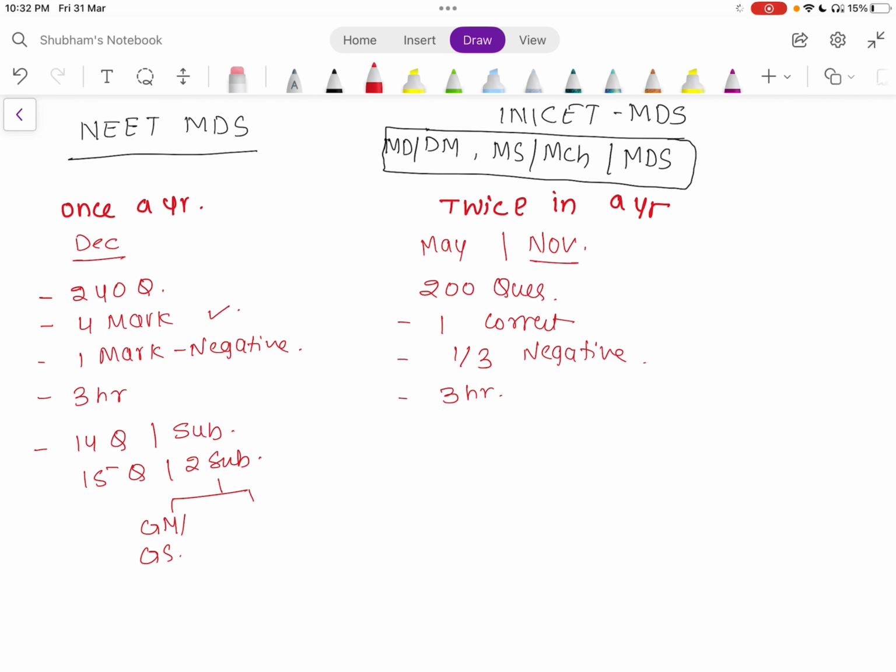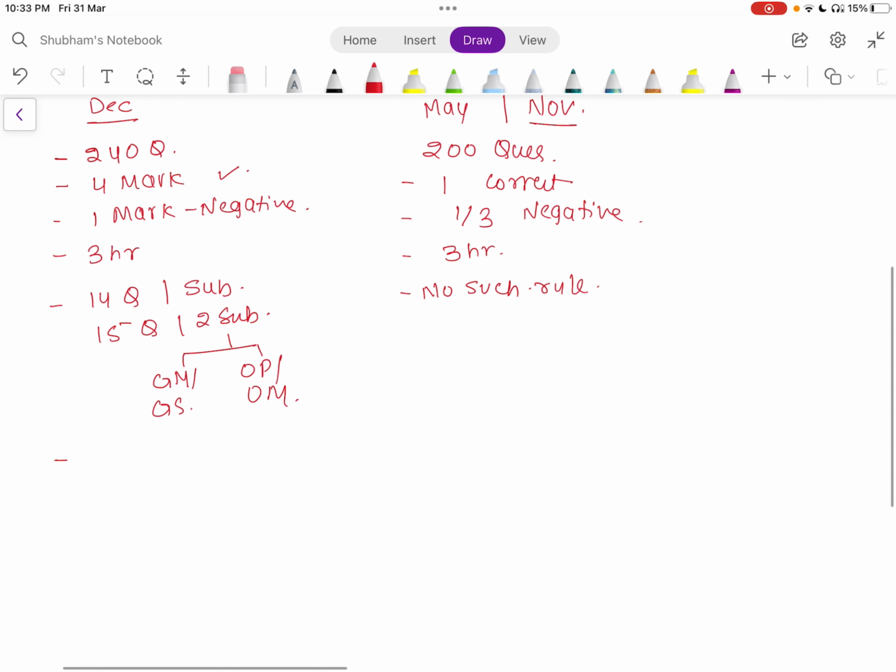What are the participating colleges? In NEET MDS, you are participating for all government and private colleges, except these, which are participating in INICET.